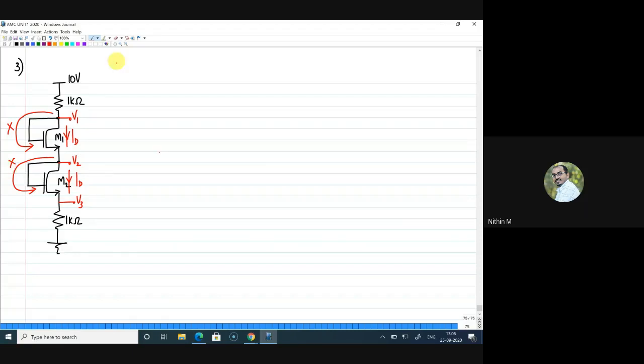So the question is find V1, V2, V3 and ID. And it is given that Vt value is 1 volt and your mu and Cox W by L, which is your Kn value, is 2 milliamps per volt square.